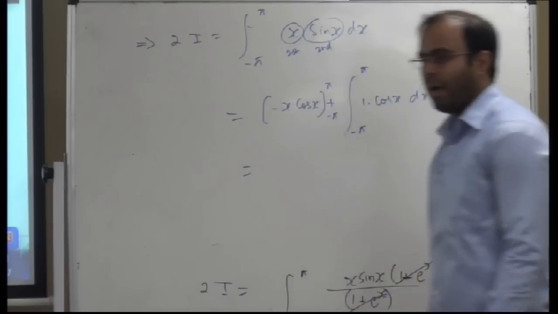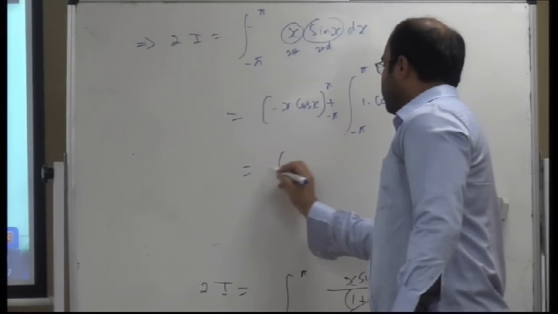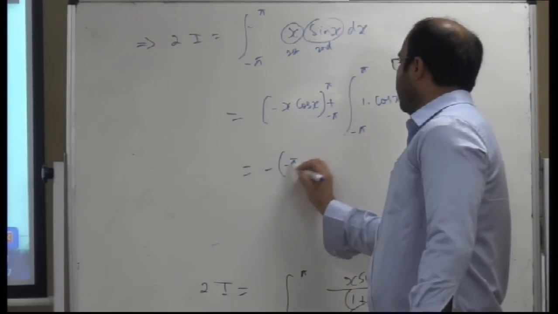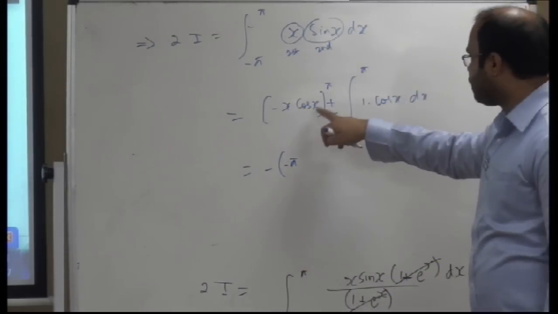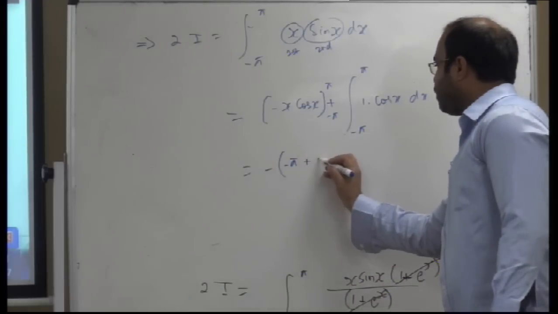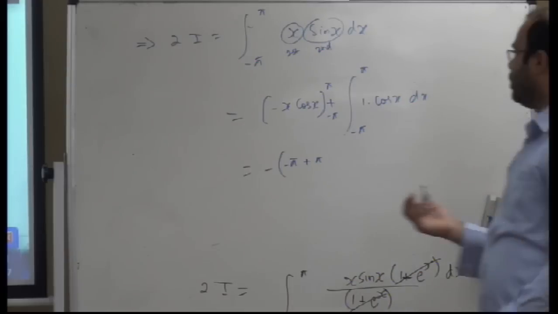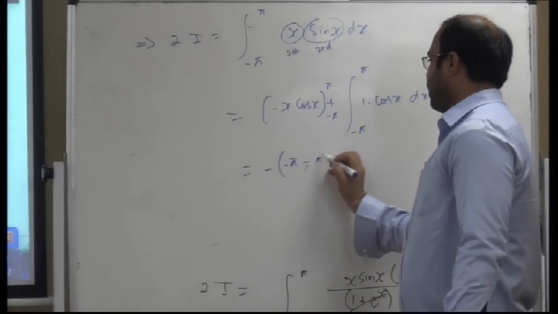When you put pi here, taking minus outside, pi cos pi will become minus 1, and minus pi, that would become plus pi, and cos of minus pi is actually cos of pi, that is minus pi again. I hope it is clear to everyone.